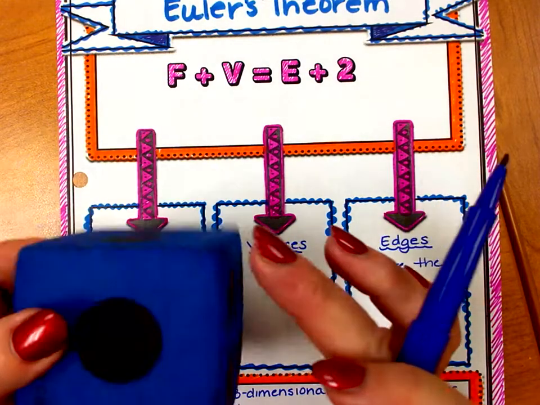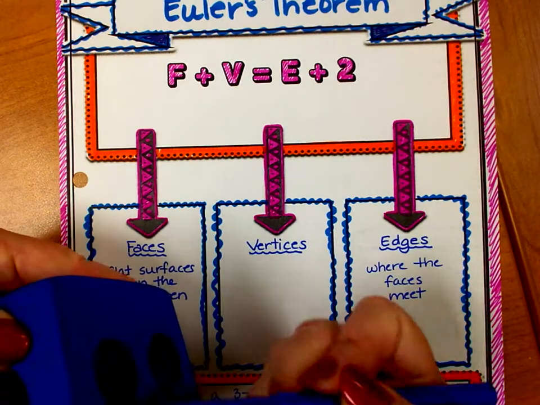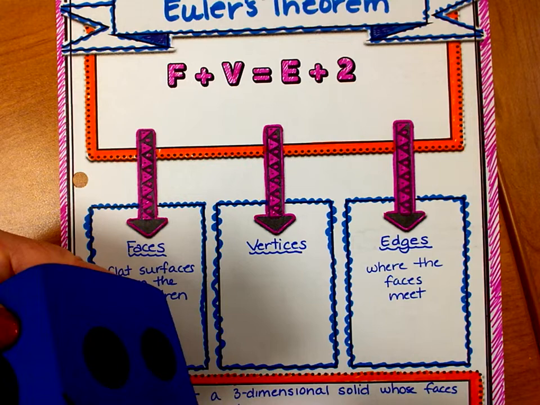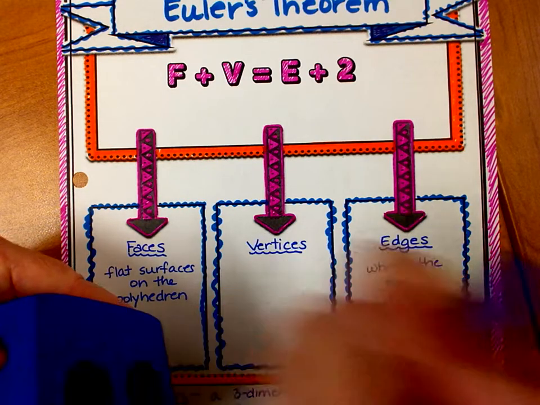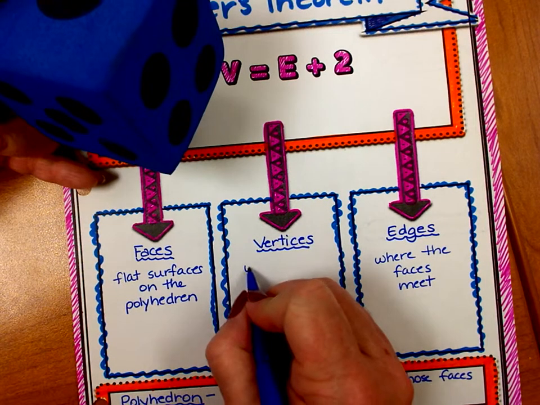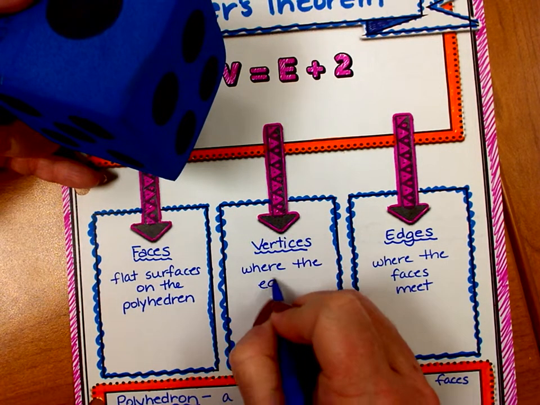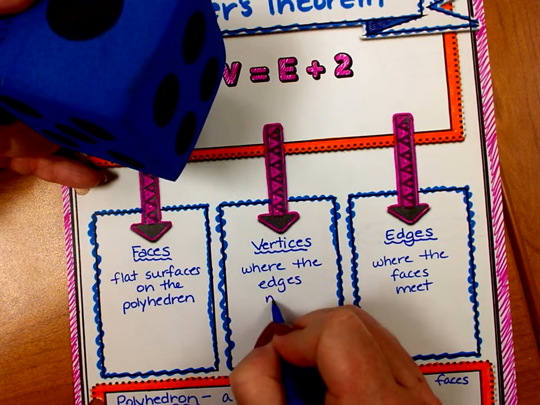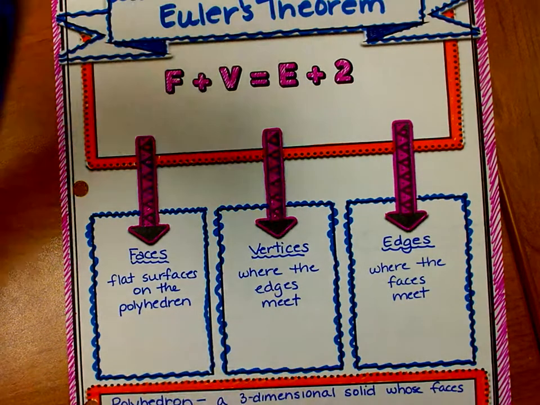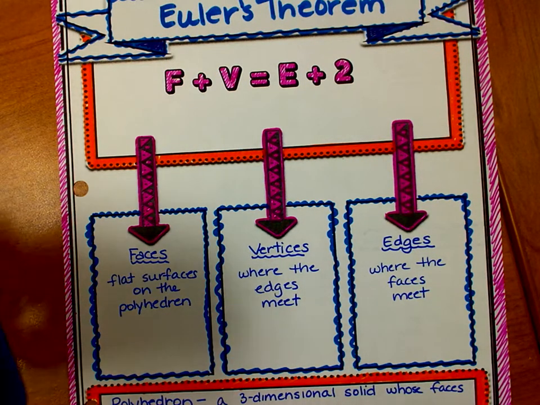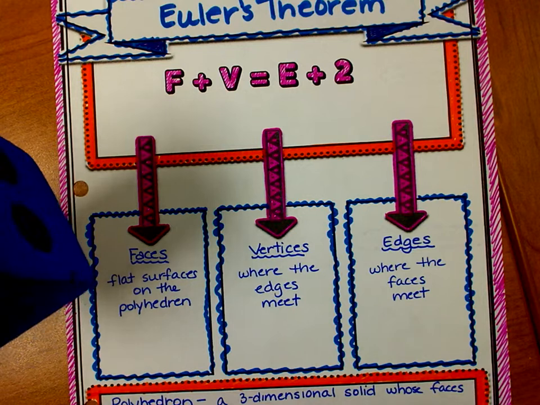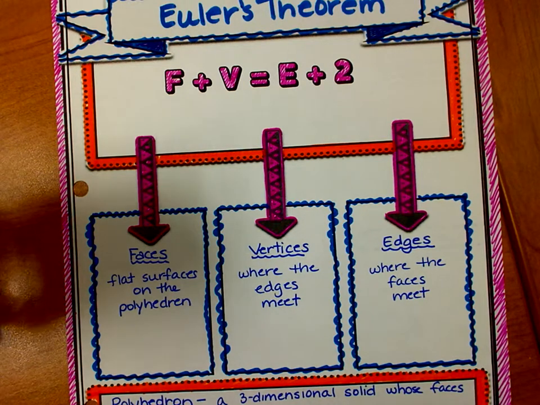And these corners are where the edges meet. See, you can see how these three edges all meet at this one vertex. So vertices are where the edges meet. Okay, so all polyhedrons are made up of a set of faces, vertices, and edges.